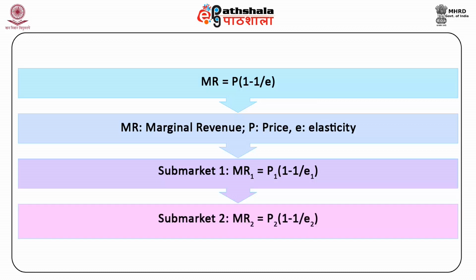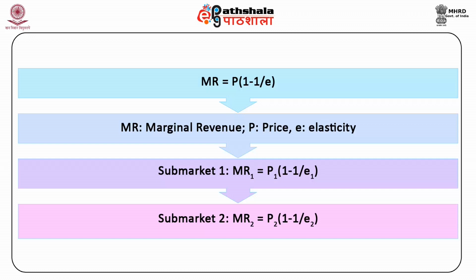Similarly, in sub-market 2, MR2 equals P2(1 minus 1 upon E2), where MR2 is the marginal revenue in sub-market 2, P2 is the price in sub-market 2, and E2 is the price elasticity of demand in sub-market 2.